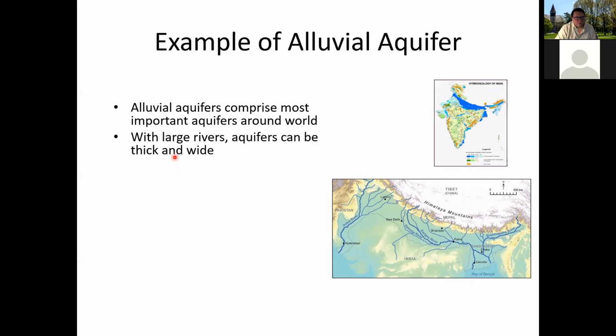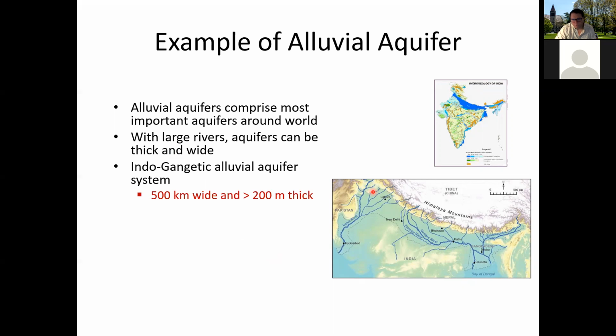They can be very wide, and as a result, they can store an awful lot of water. So the Indo-Gangetic alluvial aquifer system, which encompasses again most of the subcontinent of India, is itself responsible for providing water to almost 1 billion people.